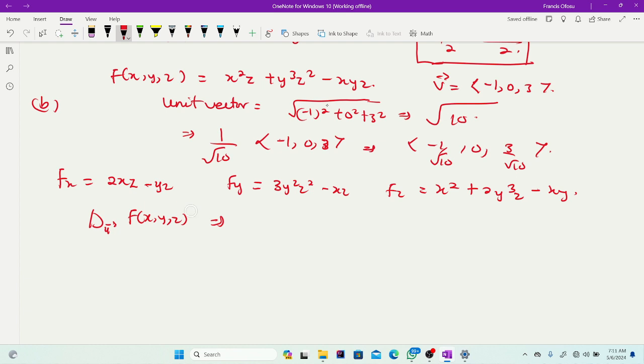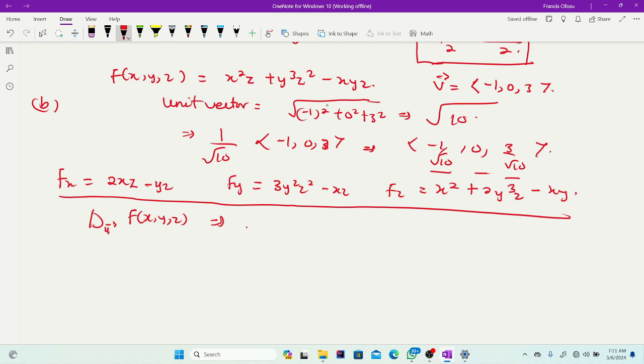As I said, you multiply your partial derivatives by each of the directional numbers.